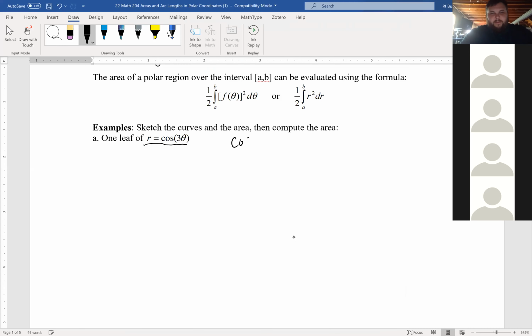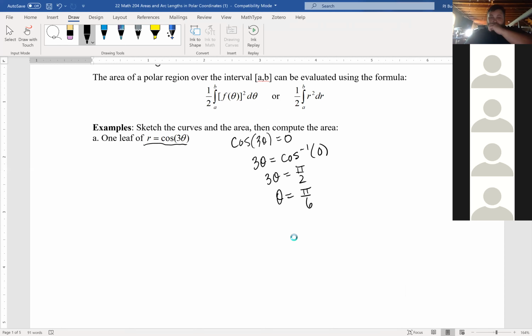For cosine of 3 theta to equal 0, 3 theta has to equal the inverse cosine of 0, which means 3 theta equals pi over 2, which is one of those options, right? Means theta equals pi over 6. Okay. All right. Thank you.